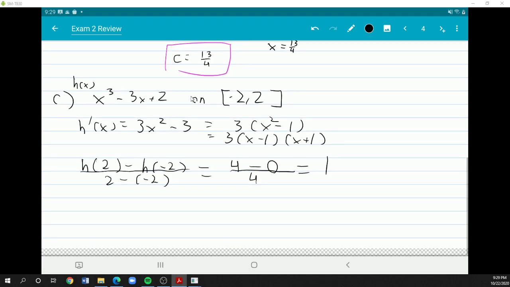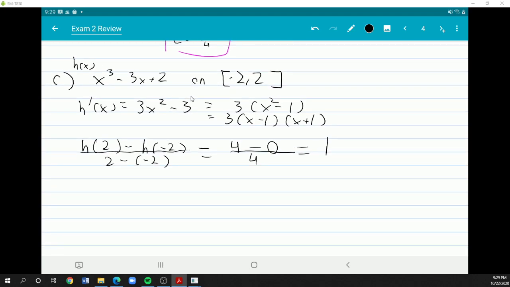Okay. So now we need to see whenever 3x squared minus 3 is equal to 1. So 3x squared minus 3 equals 1. Move it over. Minus 4 equals 0. 3x squared equals 4. x squared is equal to 4/3.